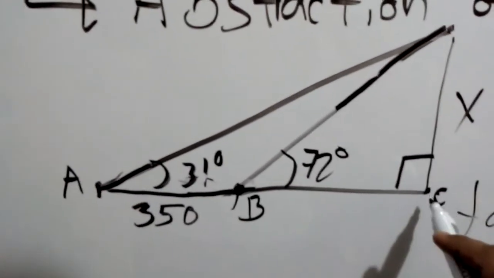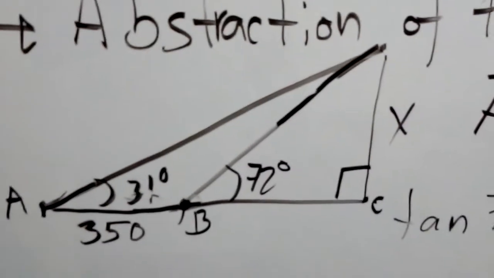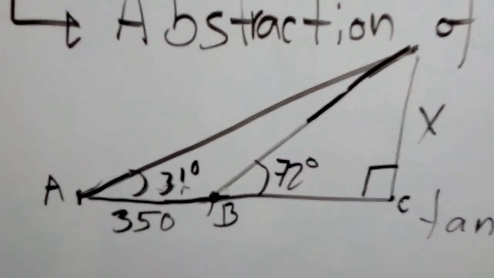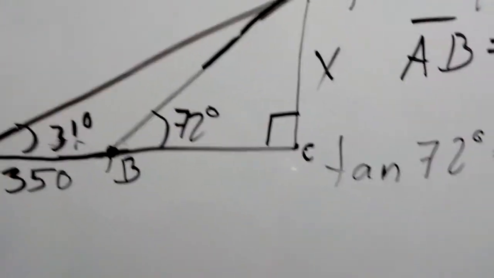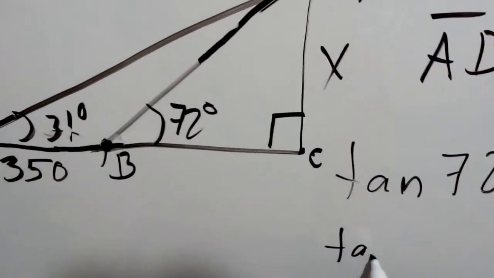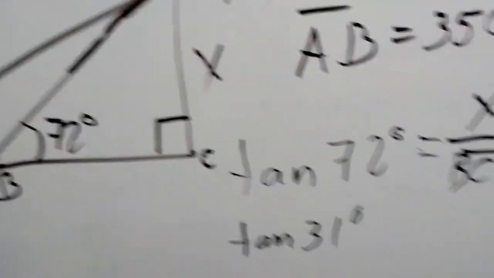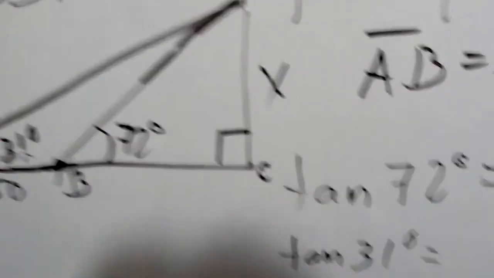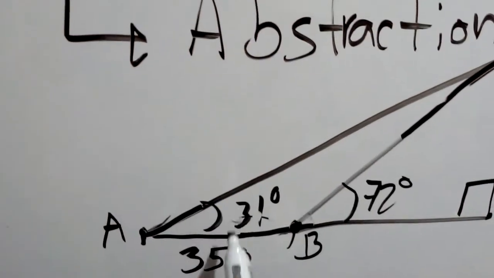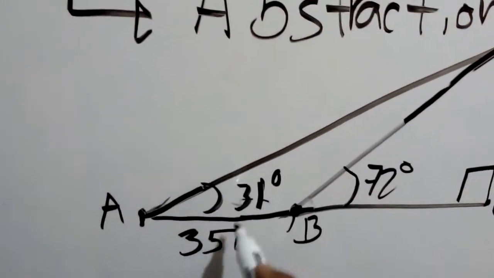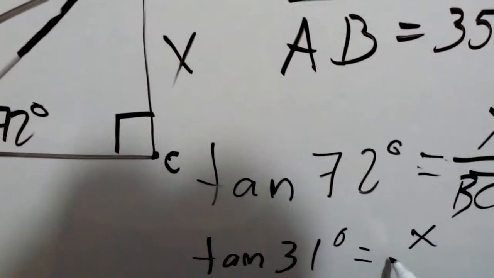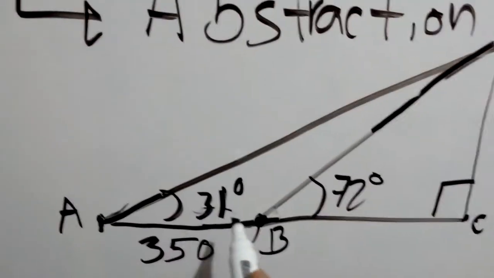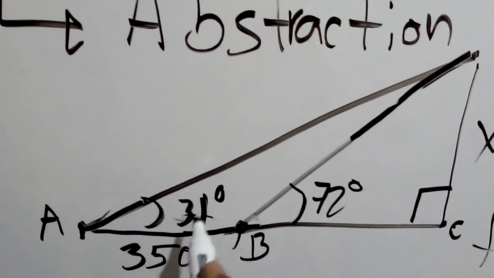Now let's focus on this other triangle, the bigger one. If you want to know the tangent of 31 degrees, it's equal to the opposite leg over the adjacent leg. The opposite leg to this 31 degrees is x, over the adjacent leg to 31 degrees.